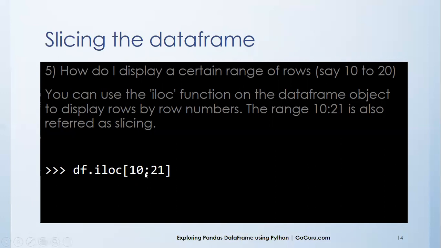So when I say 10 colon 21, it will not include the 21st. It will be minus 1. So it'll give me all the rows starting from number 10 through 20. Okay, it's a pretty neat command.